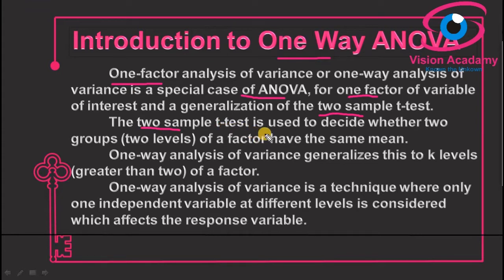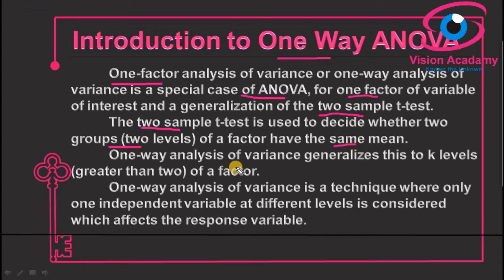So using the two sample t-test, we can decide whether two groups of a factor have the same mean. Very importantly, in the t-test we have to consider only two groups, let's say male and female, and decide whether the two groups have the same mean.